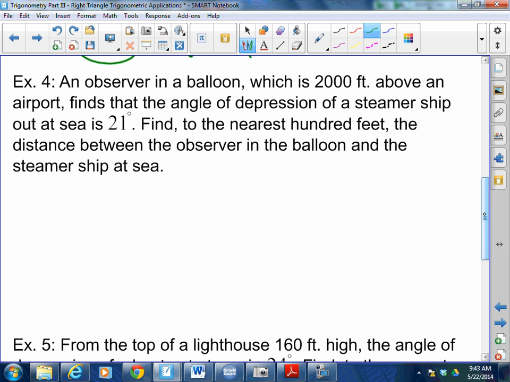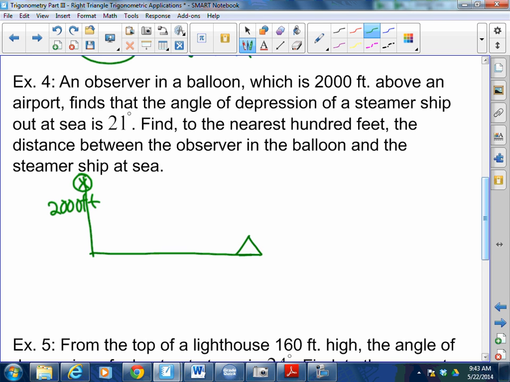An observer in a balloon, which is 2,000 feet above an airport. So there's this airport here on the ground, and you have an observer up here in a balloon, which is 2,000 feet above an airport, finds that the angle of depression of the steamer ship out at sea, right here, is 21 degrees.